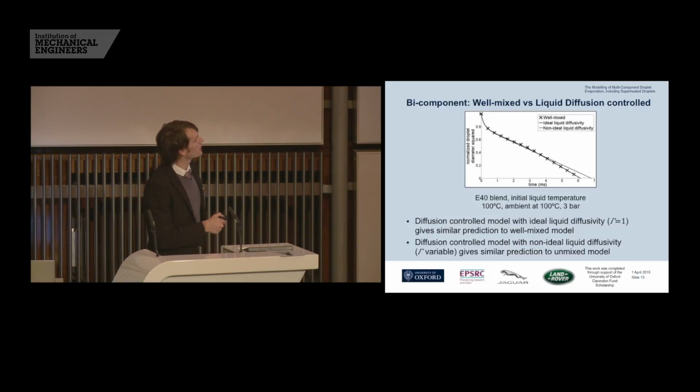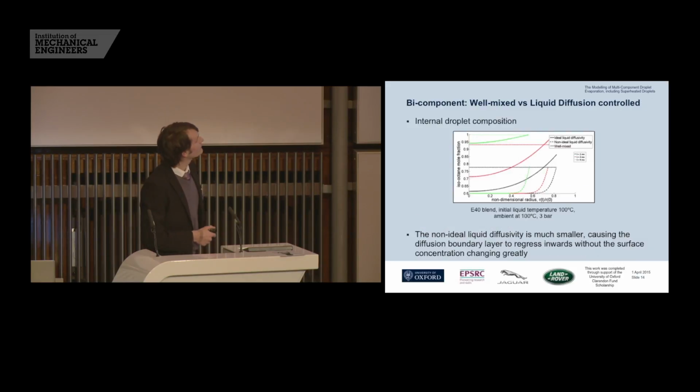I can hopefully explain why. Now, if we look at inside the droplet, and we look at one of the species as mole fraction against radius, we see that for the well-mixed model, this is just the well-mixed model on the screen now. The well-mixed model shows a flat concentration throughout the droplet.